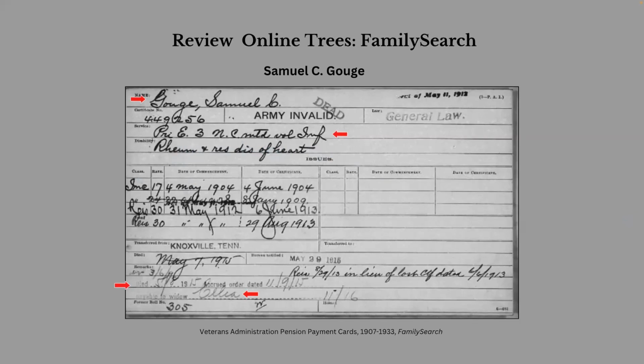So I Googled 3rd North Carolina Mounted Infantry and found out it was a Union regiment, which corroborates what my great aunt told me, that he had served in the Union. It has his death year and his wife's name, so I can look for his pension records, which will contain a wealth of information about his service. And oftentimes you'll find information from a pension record about the family that you will find nowhere else. So this is a valuable find.